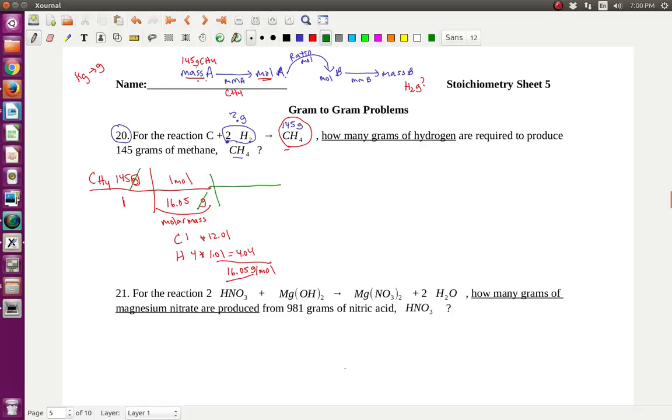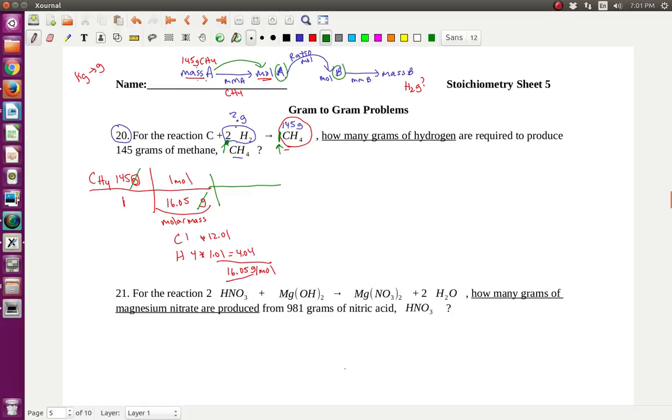So I've gone here for the mass of A, I'm now at the moles of A. So the next step is to use the ratio from A to B. And I get the ratio directly from the equation, like the recipe. There's 1 mole. That's what the coefficient stands for again, moles. There's 1 mole of methane for every 2 moles of hydrogen.